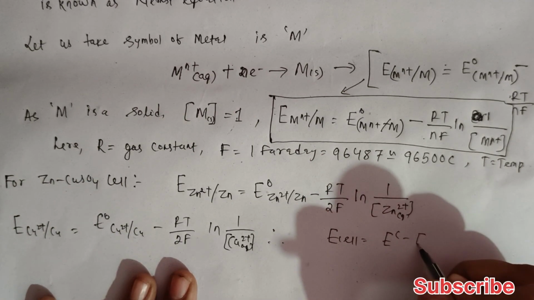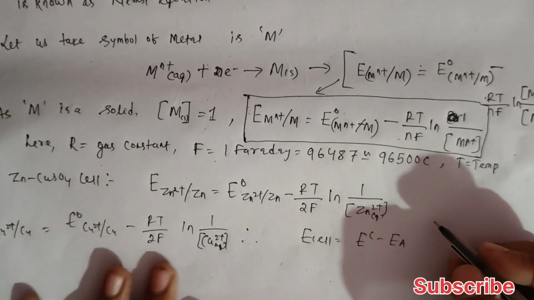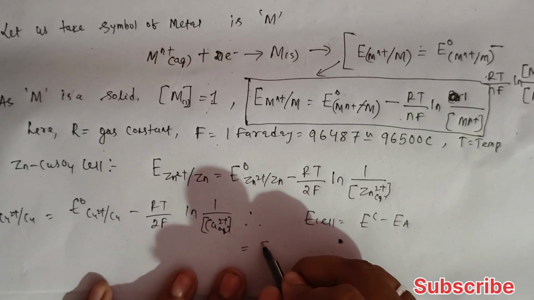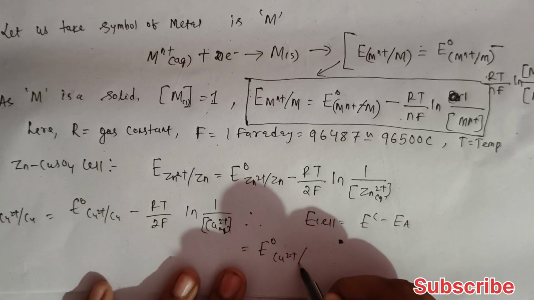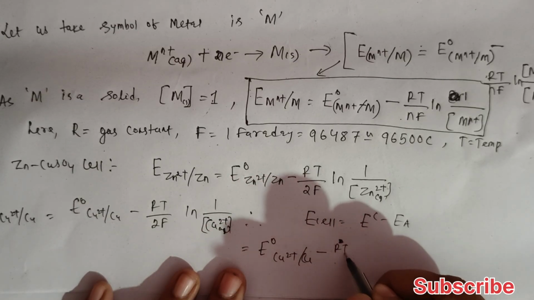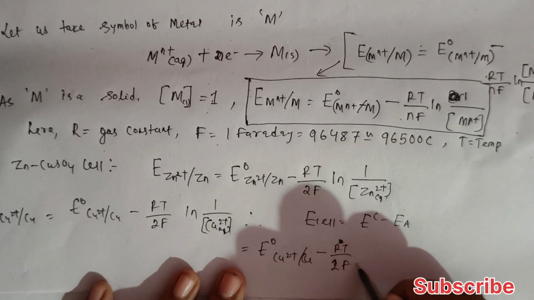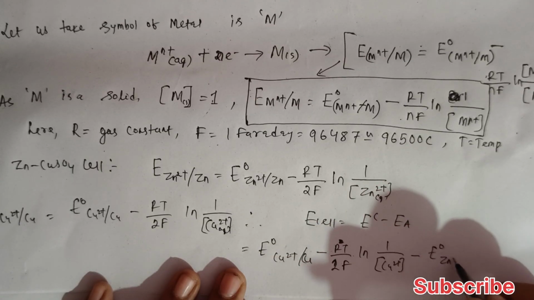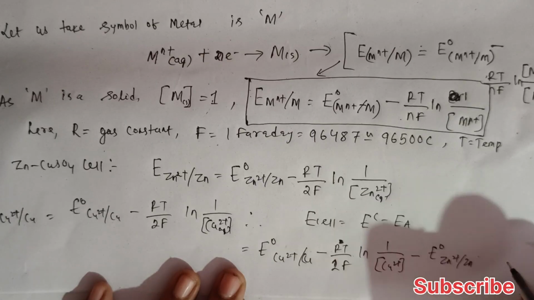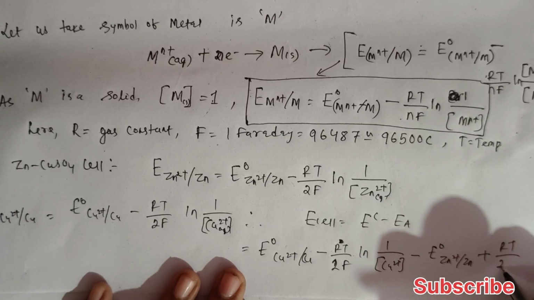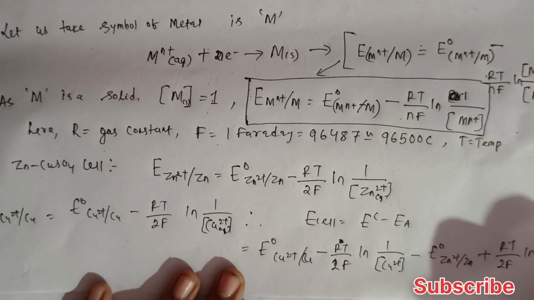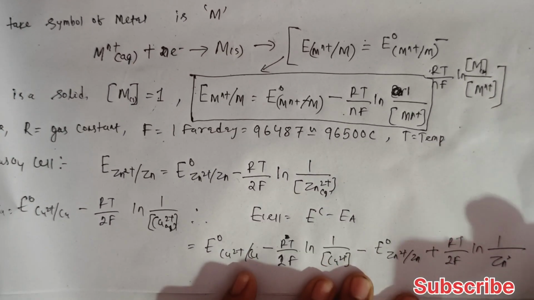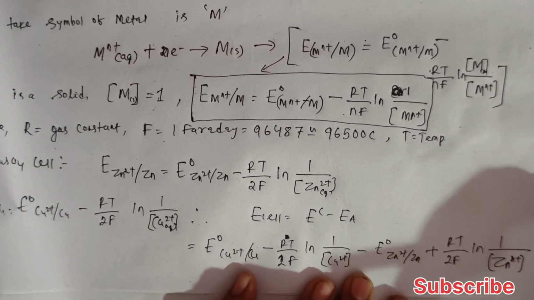So E cell is equal to E naught Cu2+/Cu minus RT by 2F ln 1 by Cu2+, minus of E naught Zn2+/Zn minus RT by 2F ln 1 by Zn2+. Clear?